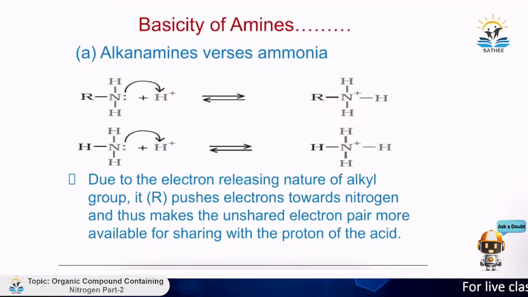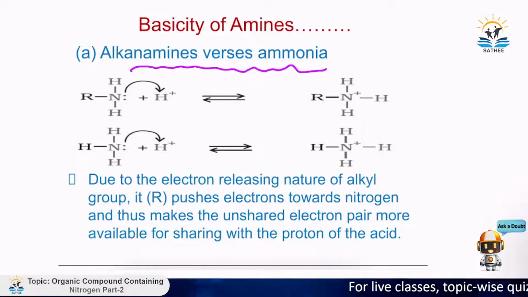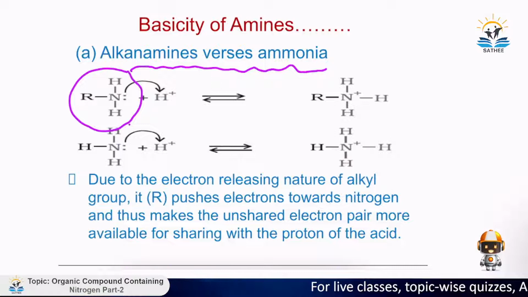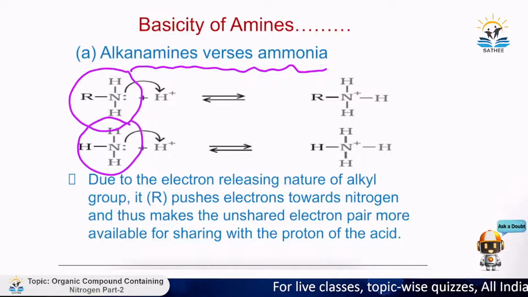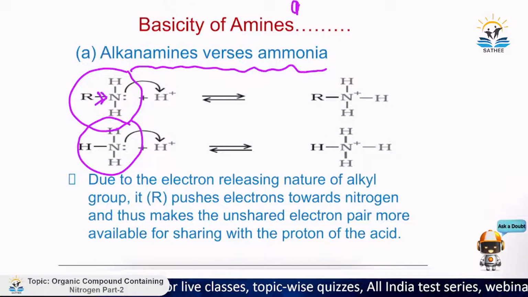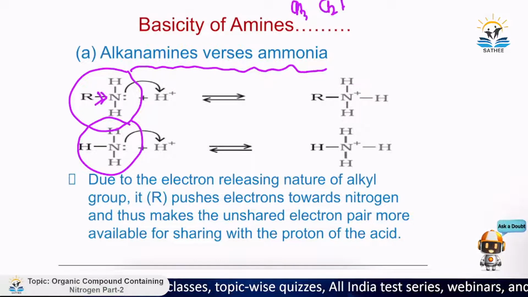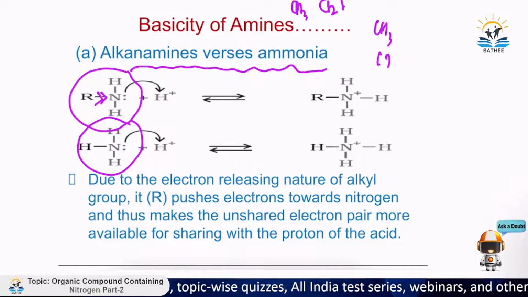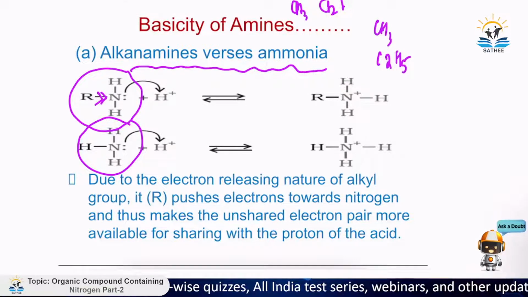Now, basicity of amines. If we compare alkanamines versus ammonia, which is more basic? This is ammonia, this is alkanamine. Now, if we try to understand, this R group will be CH3, C2H5, anything like that. So they have electron releasing tendency, while hydrogen will not release electron.